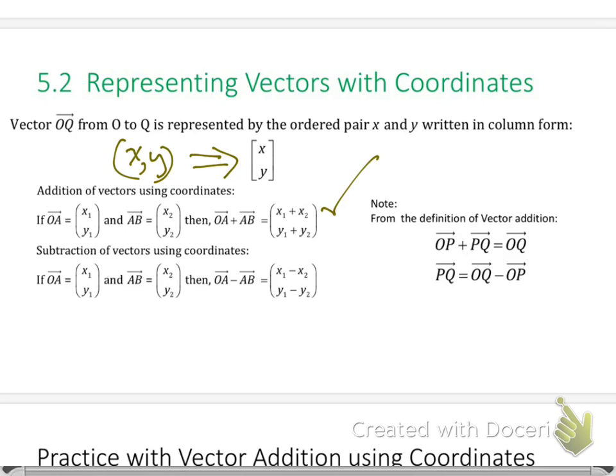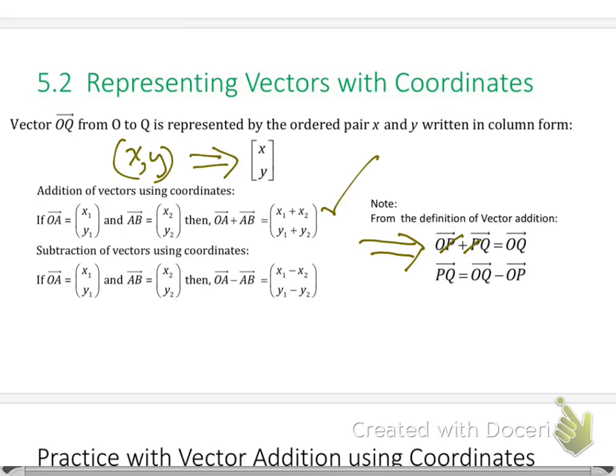Okay, important things to know. This is very, very important. It's just kind of a little note off to the side, and the textbook doesn't go into great detail about this, but if you're adding vectors, notice that if you add OP and then you add PQ to it, what happens?